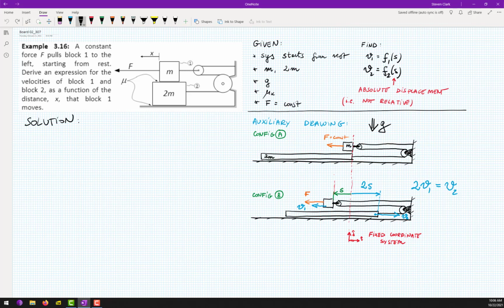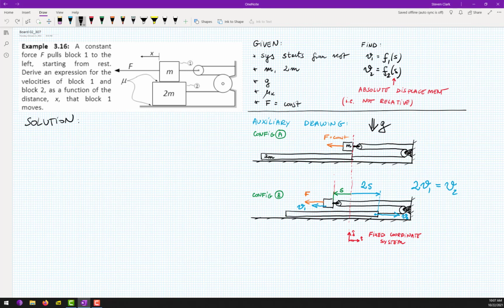So I prepared for you configuration A. This is how our system starts. And after a certain time, our system will be in this configuration. The little body will move to the left, which will cause the big body to move a little bit to the right.